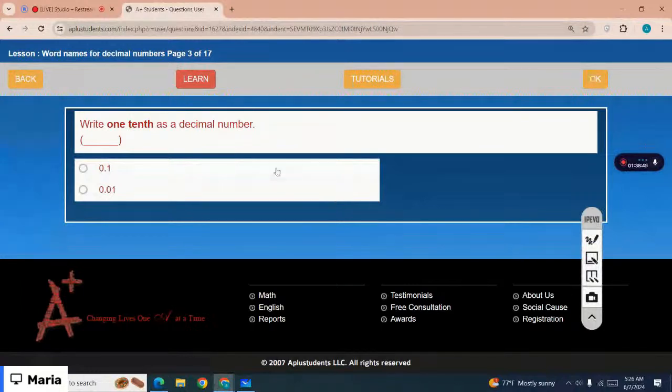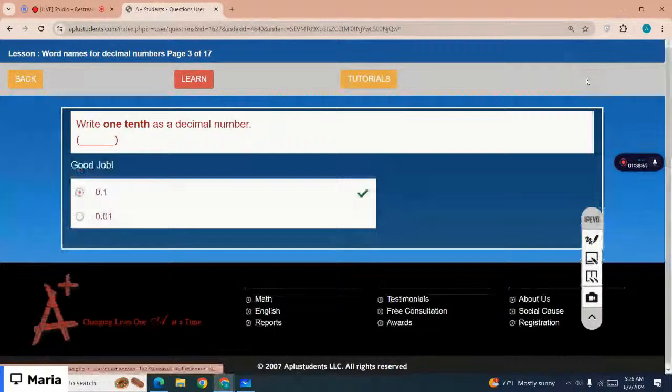That would be 0.1. Option number 1 is the correct option.